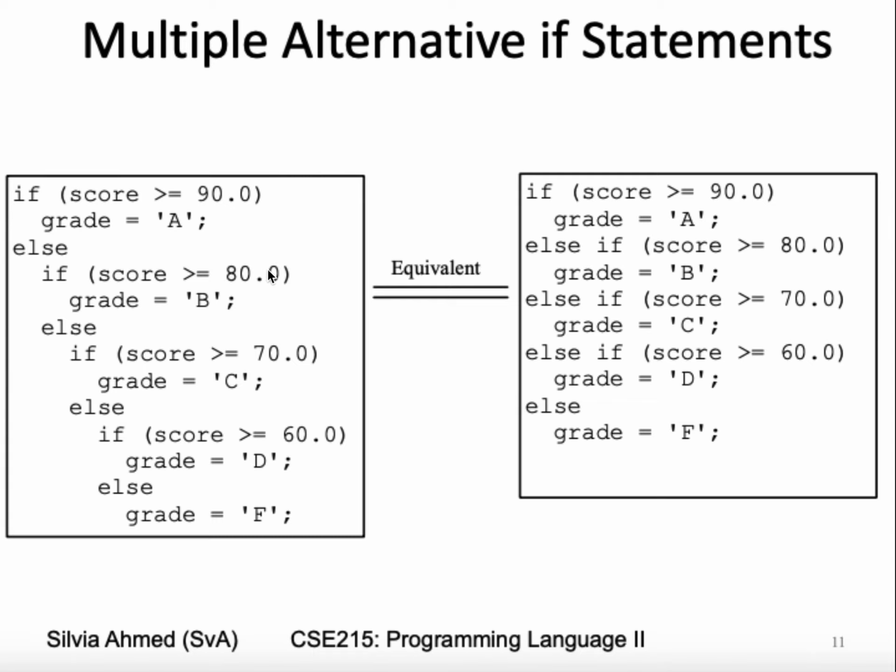If it is, we assign B to the grade. Else, we again check whether the score is greater than or equal to 70. So altogether, we can write this as if the condition, else if the next condition, else if the next condition, and in this way finally an else, the default. That means if everything is false, by default we put the grade to be F.